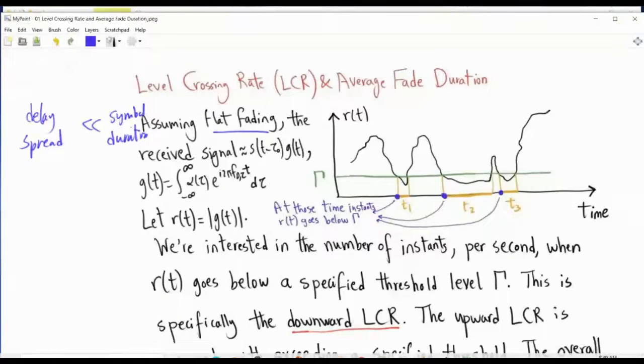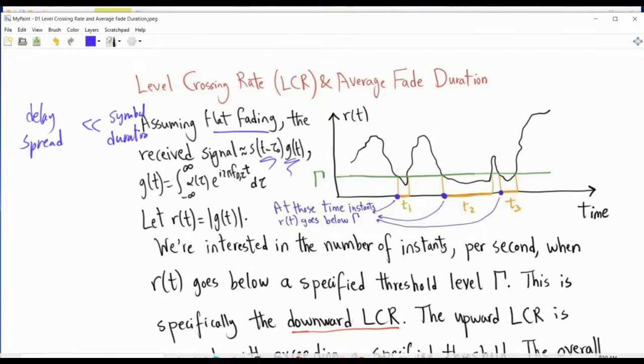So your received signal will be a channel gain factor multiplied by the symbol. You don't have a summation or integration. Of course, g of t itself is an integral, but I don't have a summation or integration involving the symbols.